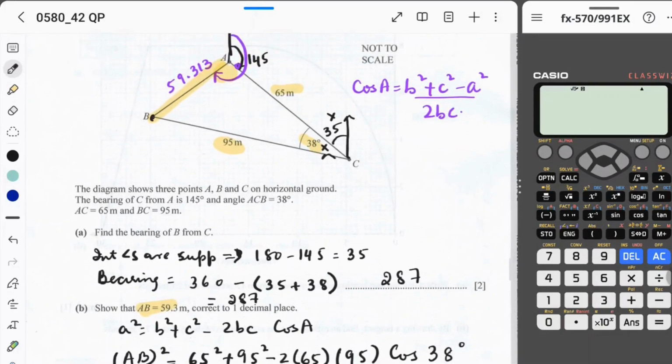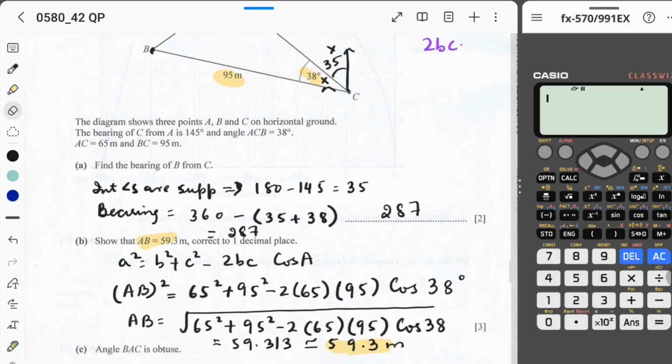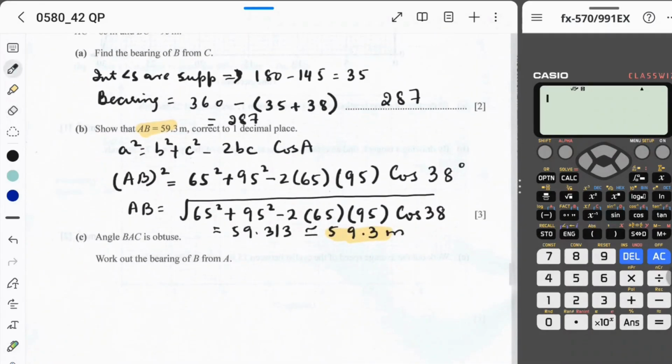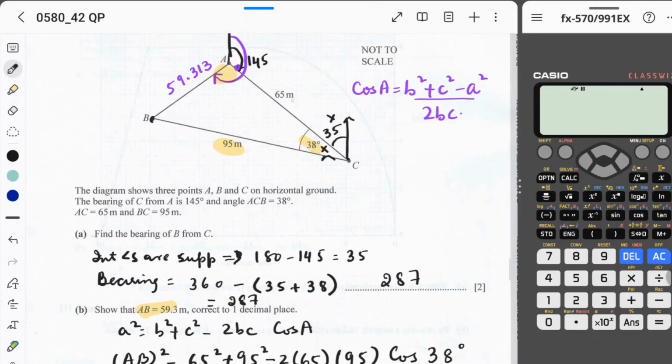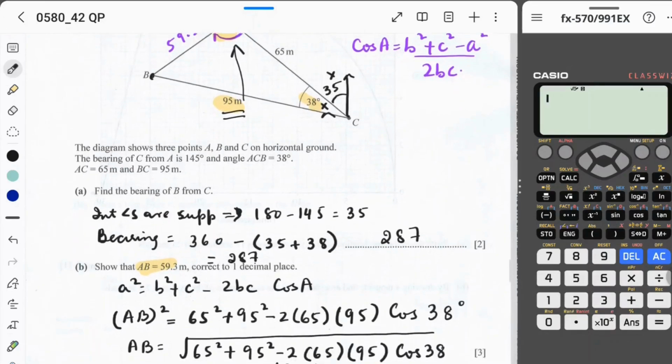The third angle is not given, so we cannot use 65 if we are using the sine rule. So we are using 59.313 upon sine 38 equals the other side which is given, 95, and opposite to 95 is angle A. 95 upon sine A.